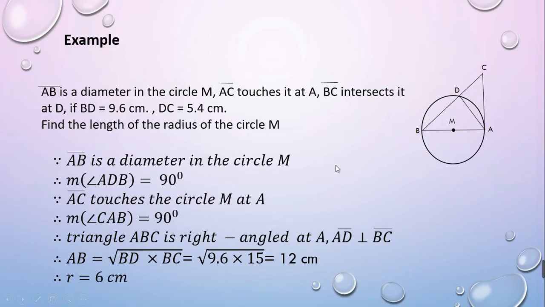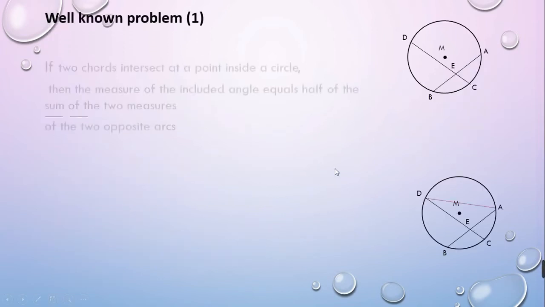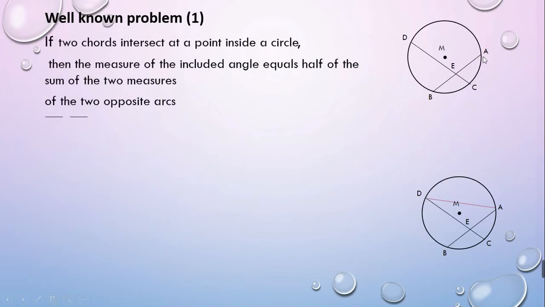Okay, in this part we have two well-known problems. It's very important. Well-known problem 1: if two chords intersect at a point inside the circle, then the measure of the included angle between the two chords equals half of the sum of the measures of the two opposite arcs.